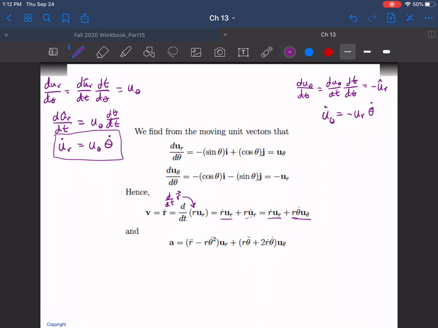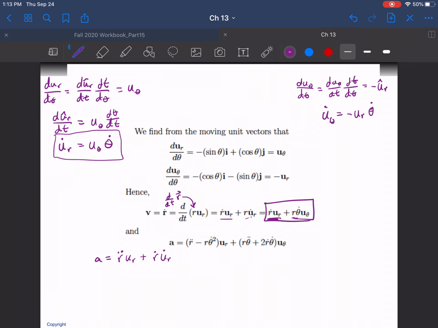All right, so we have no time derivatives of our unit vectors there. And so this is a very useful result right there. It tells us our radial part and our angle part. And then we can go on and do a second derivative of this. So for the second derivative, it's a little longer, but we can go ahead and do the product rule on this first term. And so r dot becomes r double dot ur, and then plus r dot and then ur dot, right?